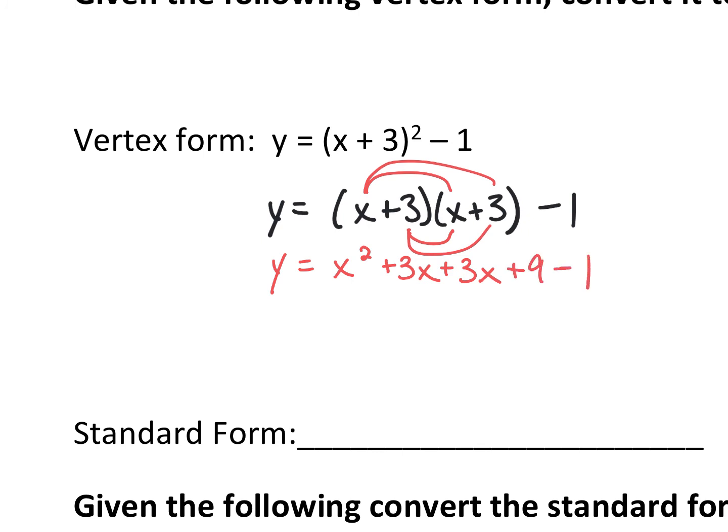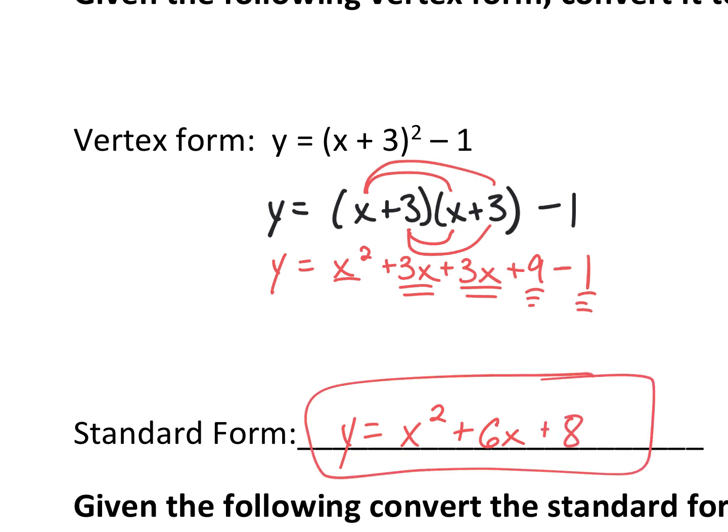And then we have a minus 1. Now all we do is combine like terms. So y equals x squared, which has no like terms. The 3x's go together and become 6x, and last but not least, plus 8. That's it. That's easy. Good.